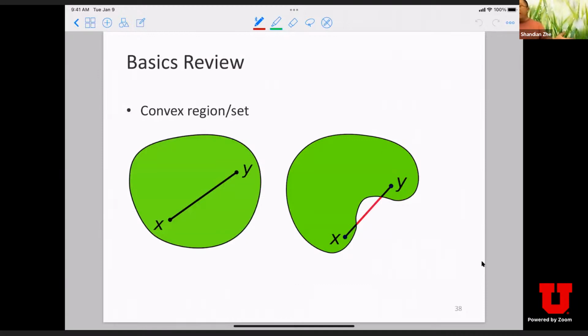A convex function is defined on a convex region or set. So please bear with my little bit of a cough. So what is a convex region or convex domain?